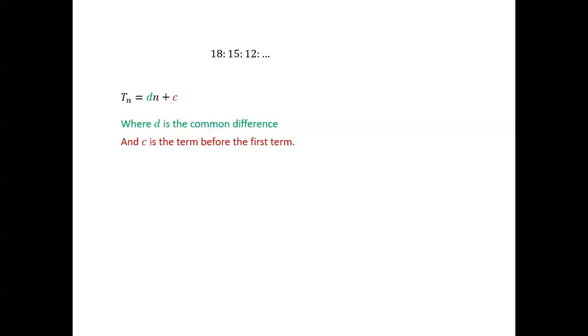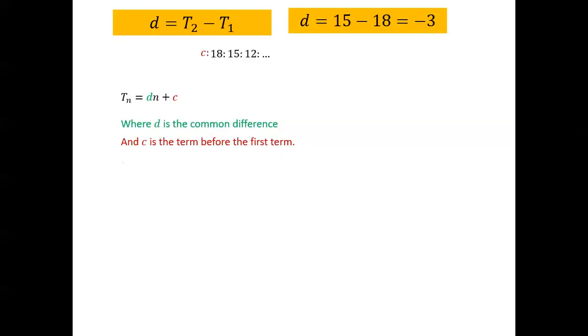We've got a common difference here. It's actually negative, and it'll be -3. So you'll have 18 plus 3 is 21. I'll have -3n plus 21 as the general term.